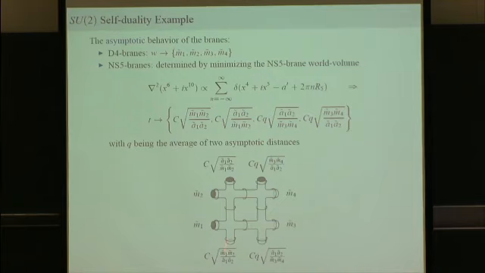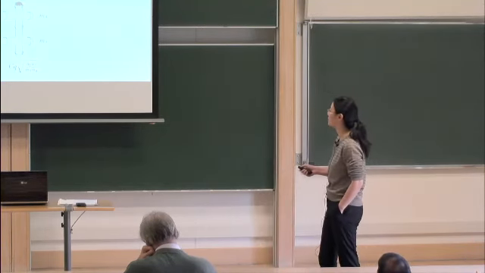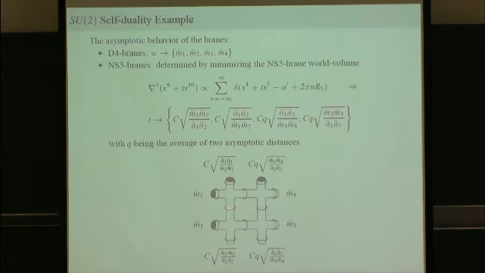And then you take the distance between these 2 averages and you get the number Q. So this Q is what you naively would think is the gauge coupling constant, because the gauge coupling constant should be the distance between these 2 NS5 branes.